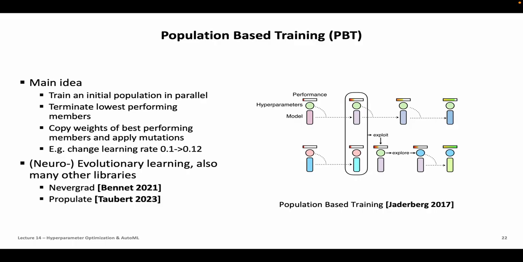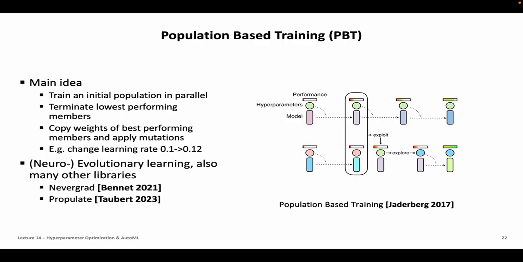What makes this approach special is that the trials with bad performance copy the state of the well-performing models, including all the architecture weights, and then apply small mutations to their hyperparameters, such as changing the learning rate by a small factor. And then they continue training with these models.